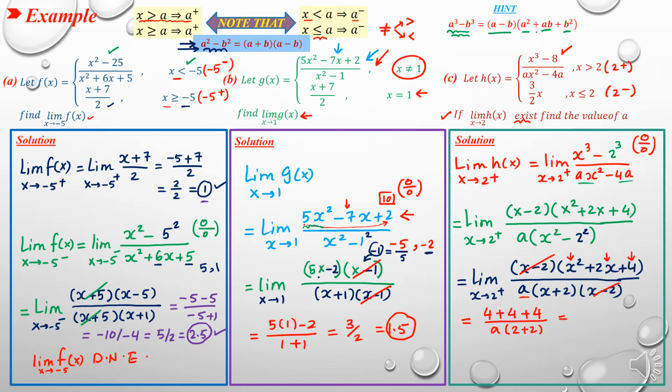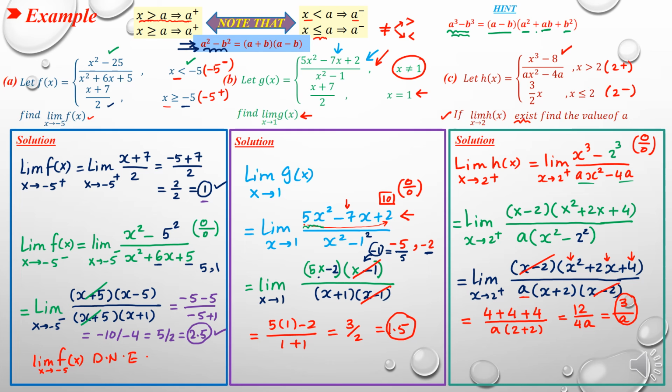So we have 12 over 4a. Now divide up and down by 4, you will get 3 over a. So this is the limit of h of x when x goes to 2 from right.